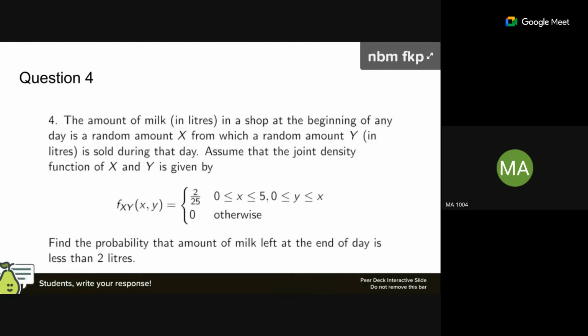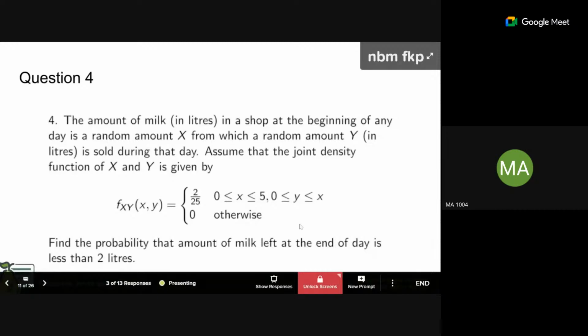Yes. So once you have this scenario, you use these limits of y and x and calculate the total area.